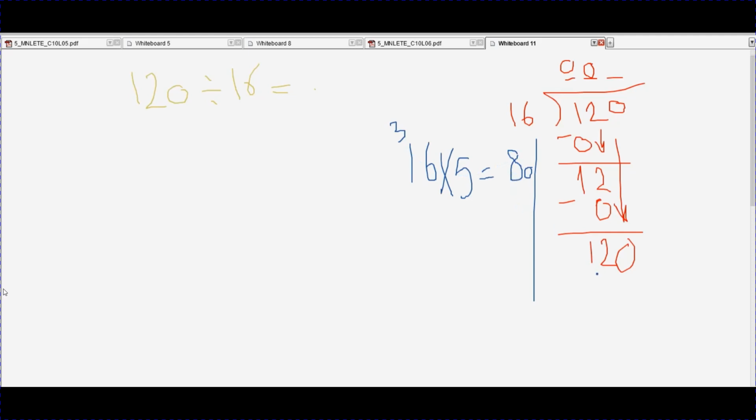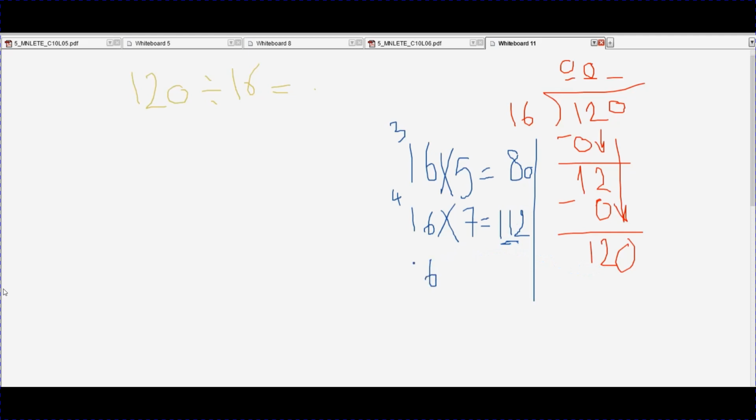We didn't reach it yet, so it will be 16 multiplied by, let's say, 7. 6 times 7 is 42, 2 and carry 4. 1 times 7 equals 7, and 4 equals 11. So we want 120. We have 112 here. We didn't reach it yet.